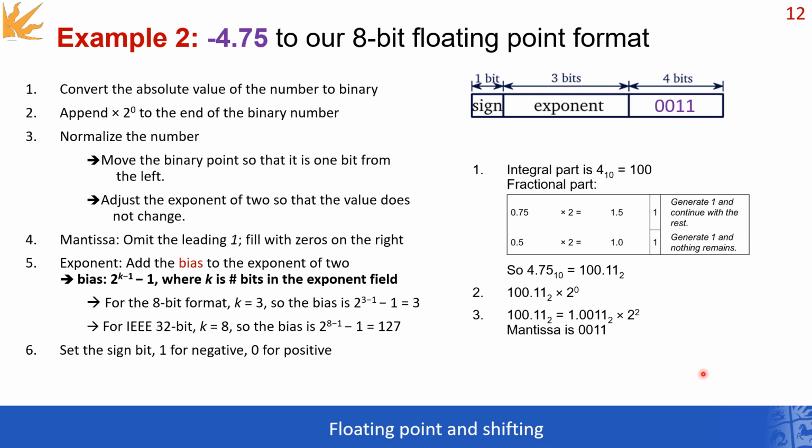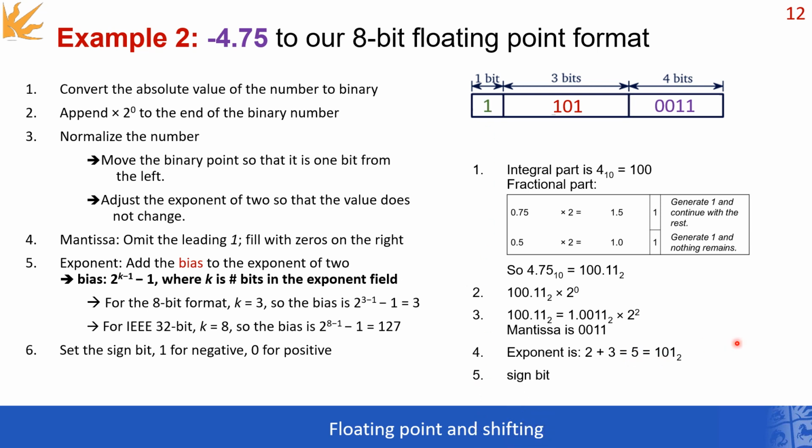As for the exponent, we take the 2 that we previously found, that was the exponent from the previous step. We add the bias, which as we know from the previous example is equal to 3. In the more general case, it's equal to 2 to the power of k minus 1, minus 1. And that gives you an exponent equal to 5.